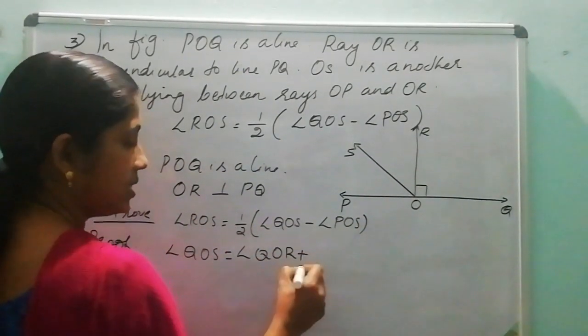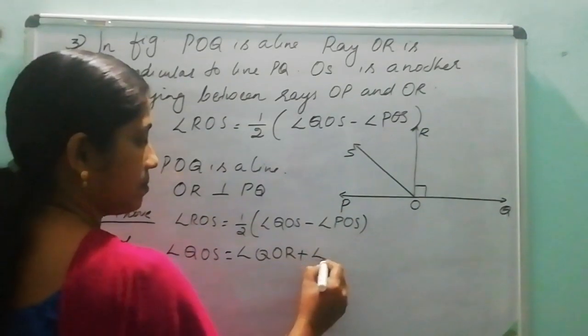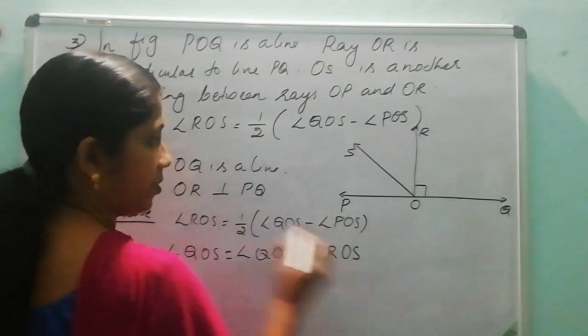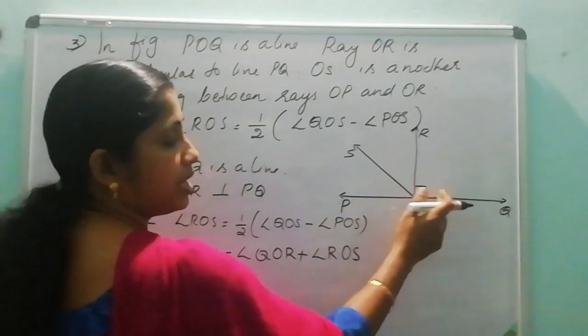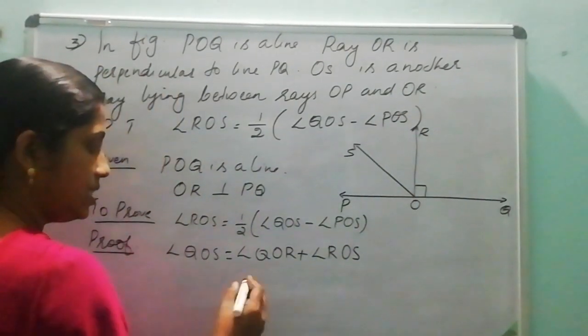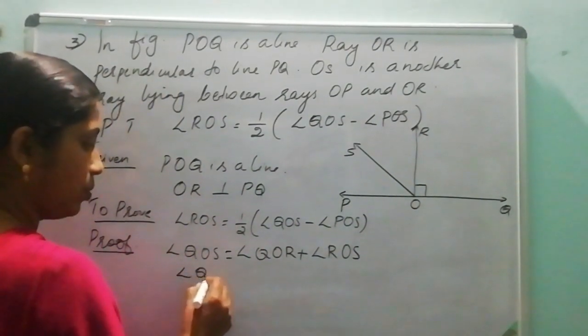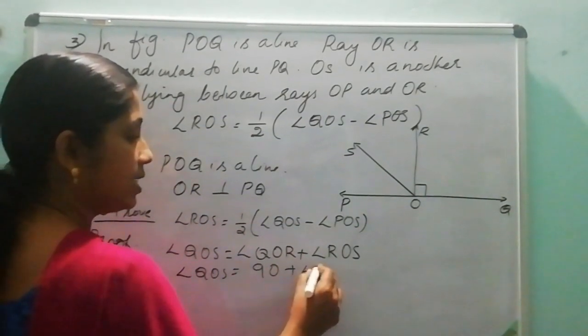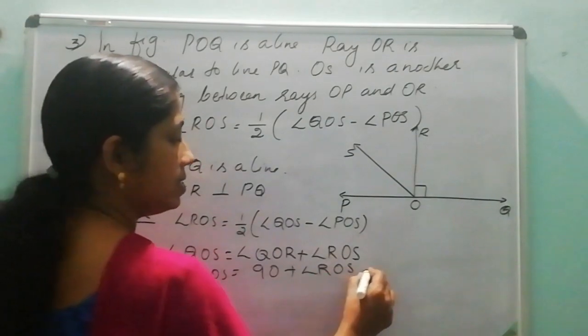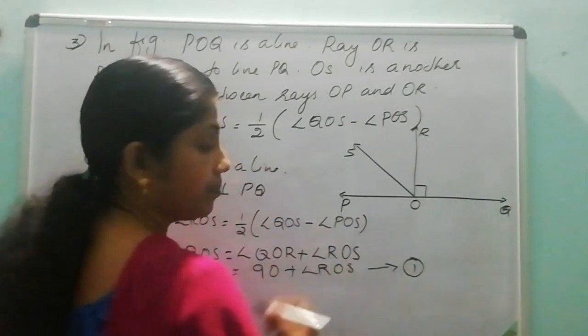Then what is angle QOR? It is given there that it is perpendicular. So angle QOR is 90 degrees. So we can write angle QOS is equal to 90 plus angle ROS. We can take this as equation number 1.